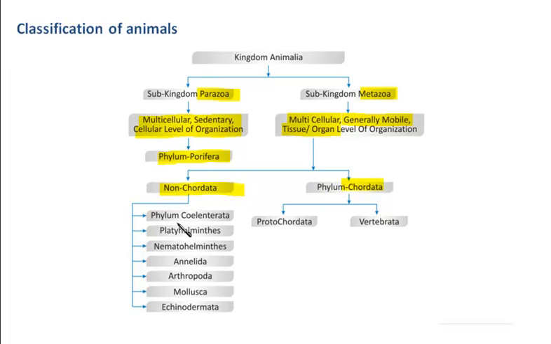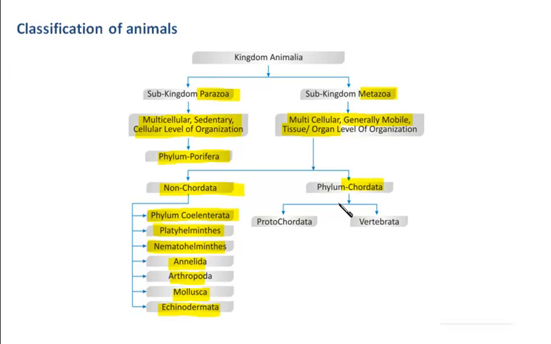So there are different types of non-chordates, like they are phylum Coelenterata, Platyhelminths, Nematohelminths, Annelida, Arthropoda, Mollusca, and Echinodermata. All these are non-chordates. These are the phyla which are not having the notochord. Besides this, the next phylum is Chordata, in which now the notochord is present.